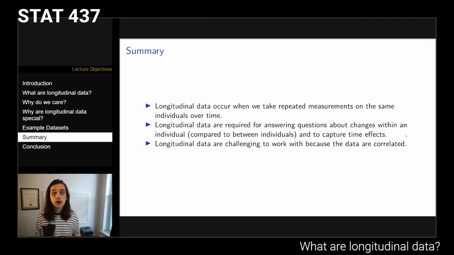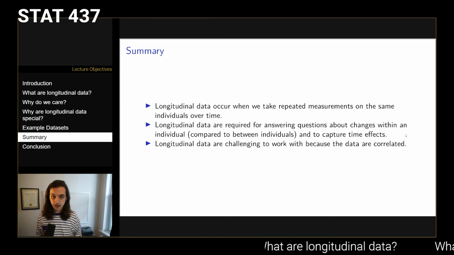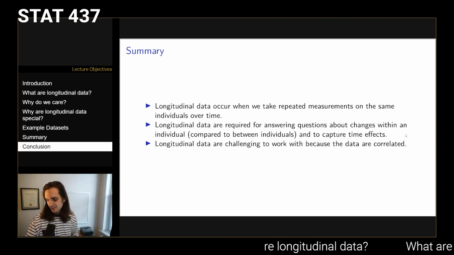So there's no way of answering these types of questions without longitudinal data. And longitudinal data are challenging to work with because the data are correlated. So the reason that we need specific techniques for handling longitudinal data is because these data are correlated. If they weren't correlated, we wouldn't need these specific techniques.